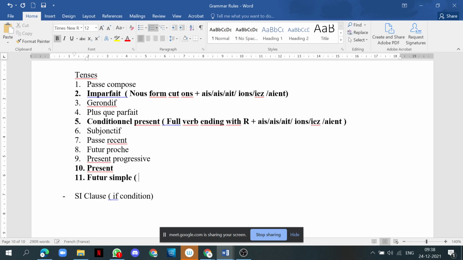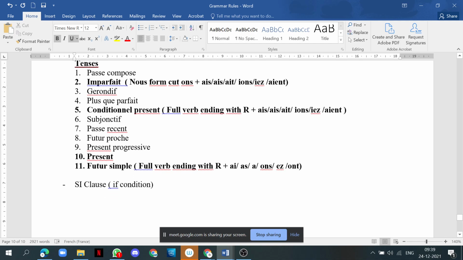And this future simple is also the same, the full verb ending with R, but you will be adding AI, AS, A, ONS, EZ, and ONT. This will be future simple. So these are the three things we will be needing. Present tense has its own conjugation that we can't help.